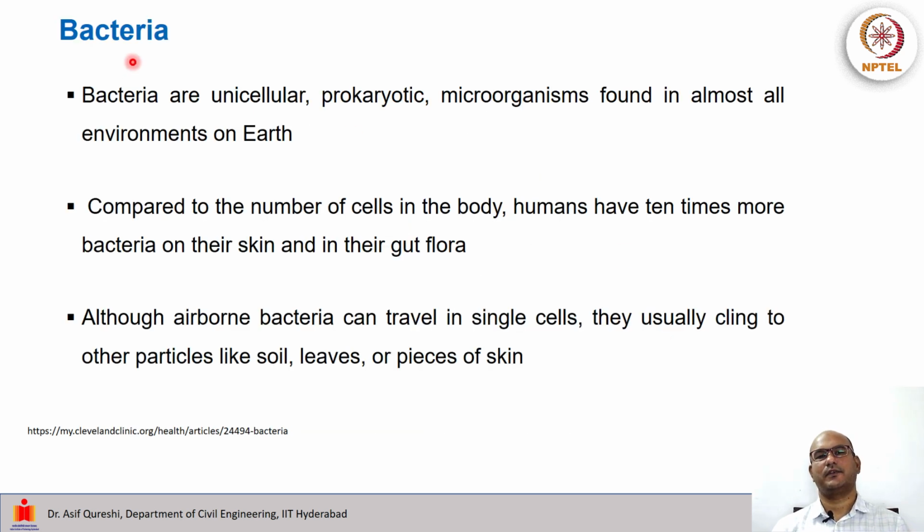Now bacteria, we will come to bacteria. Bacteria are unicellular prokaryotic microorganisms. These are found in almost all environments on the earth. Compared to the number of cells in the body, humans have 10 times more bacteria on their skin and their gut flora.